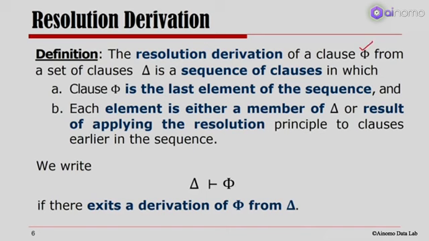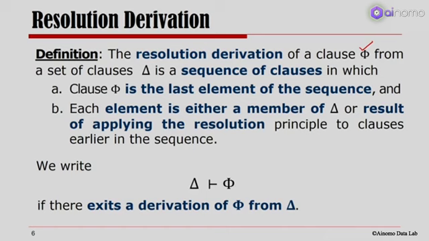Now let us try and understand what we mean by unsatisfiability, and when can I have unsatisfiability in a set of clauses. Resolution is used in demonstrating unsatisfiability. So if a set of clauses is unsatisfiable, it is always possible by resolution to derive a contradiction from clauses in the set.